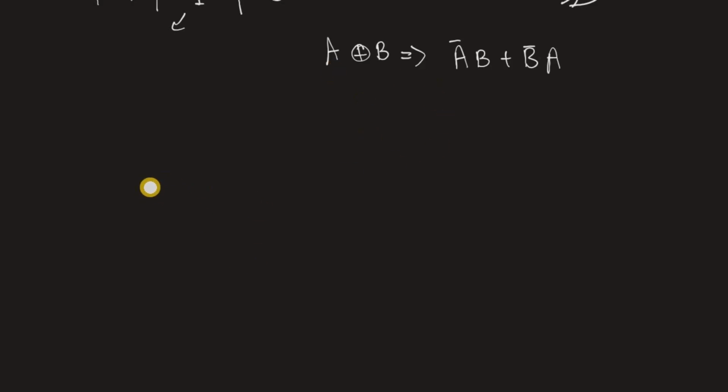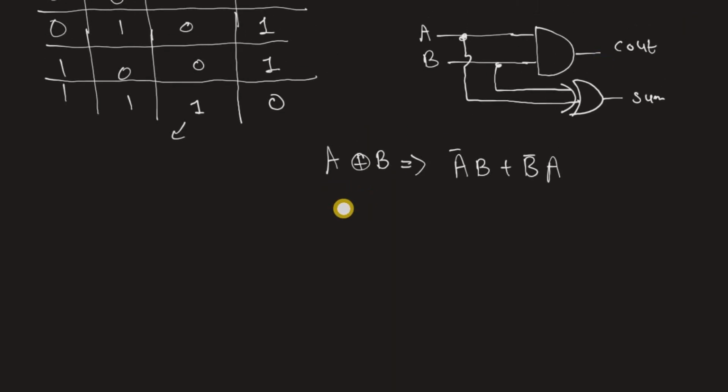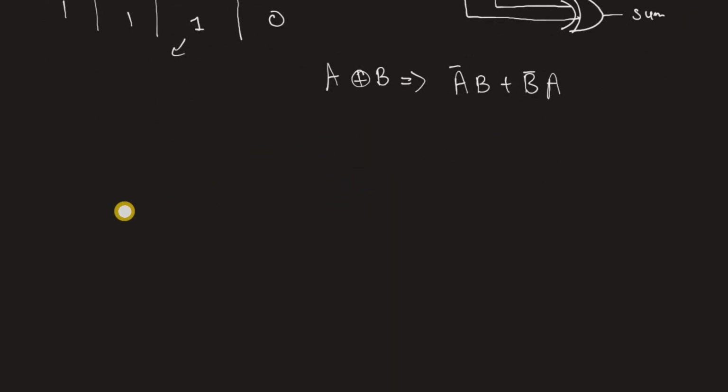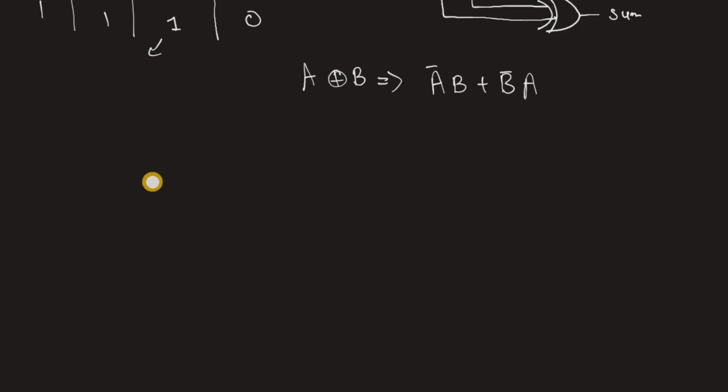For the C out, I'm only going to draw the sum. You already know how to draw the C out. So to make this diagram, you simply have two inputs, A and B, and on A you can put a NOT, and the NOT A and B are connected using the AND gate.